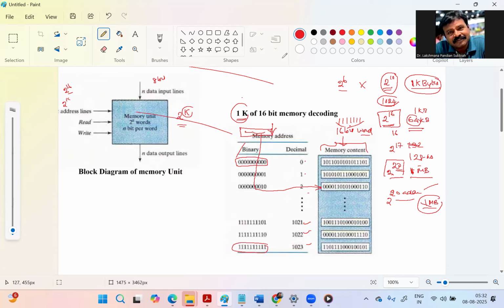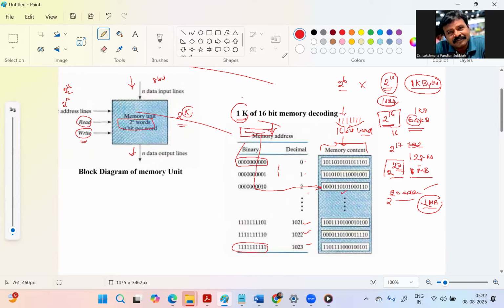If you give read, we retrieve that information. If you write, whatever data is on the input line is stored in the memory. So this 16-bit data on the data line is stored.